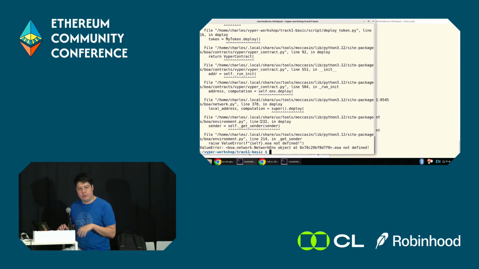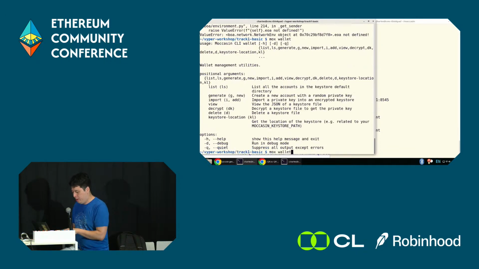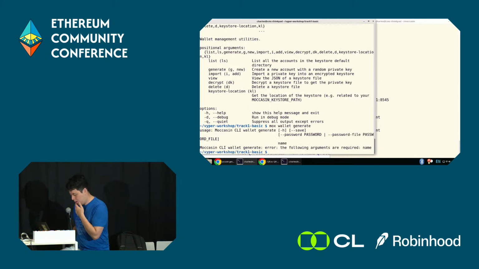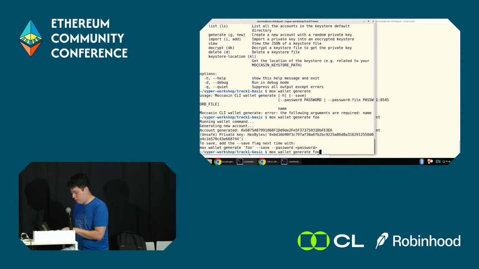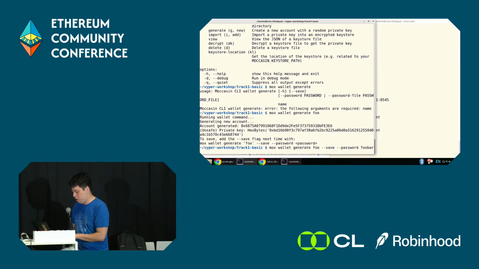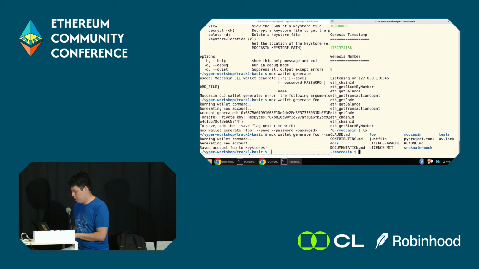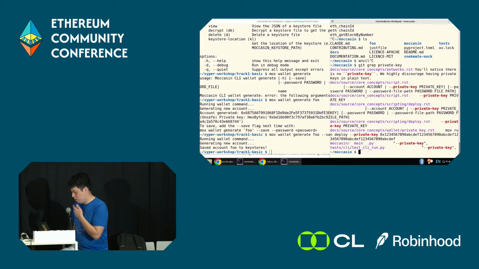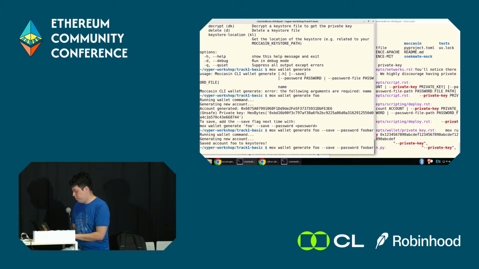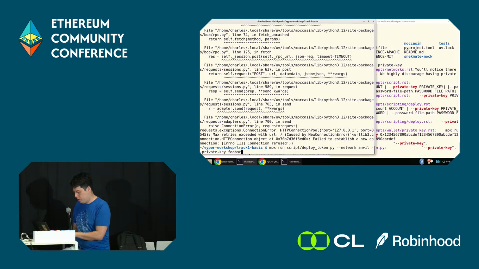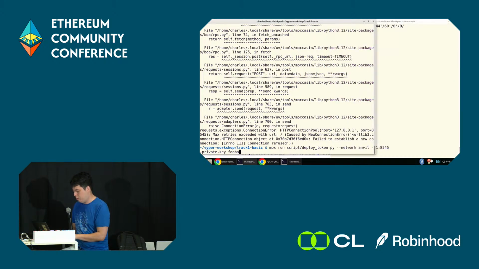Okay, and then we have to make a private key and all this stuff. Mox wallet generate foo, save password foobar. And then since we're in Moccasin, oops, Anvil run, private key foo.